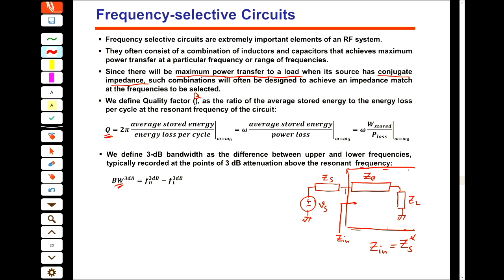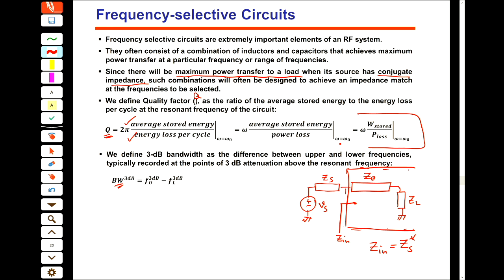The power that we deliver from our source into this network is partly lost in the lossy components, and some of it is stored inside the inductors and capacitors. We define the Q factor as the average stored energy divided by the energy lost per cycle. This is the exact definition.